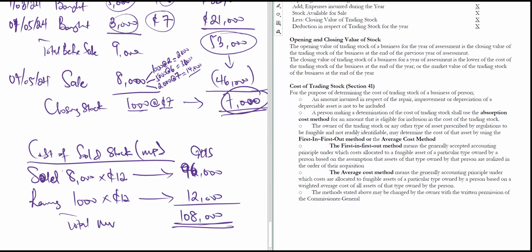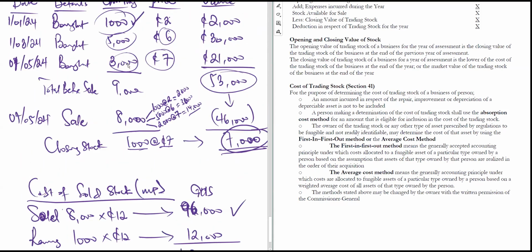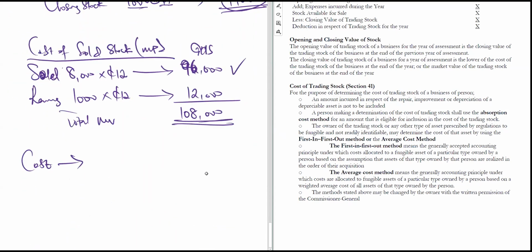Okay. Something that is worth 108, you sold 96 from it, right? So if you have all the costs of the goods that you had, you want to see how much of it you sold. The cost of these goods were worth 53, but you sold 96 out of it. So 96 out of the total market value of 108 times the whole 53,000 must give us the cost of the sold stock, right?